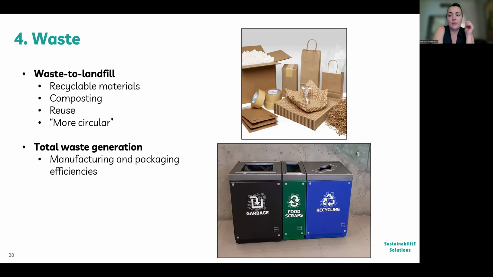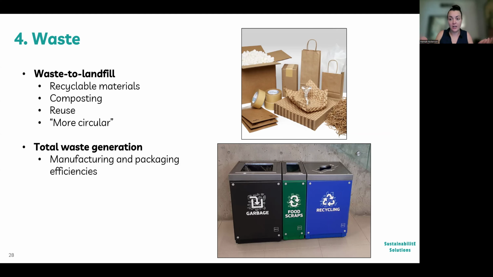Then, secondary to energy and water, we have waste. I was kind of getting into waste with product design, but it really deserves its own category, I think. We think of waste in two ways. Number one, waste to landfill. We really want to reduce the total amount of waste that we're sending to the landfill.